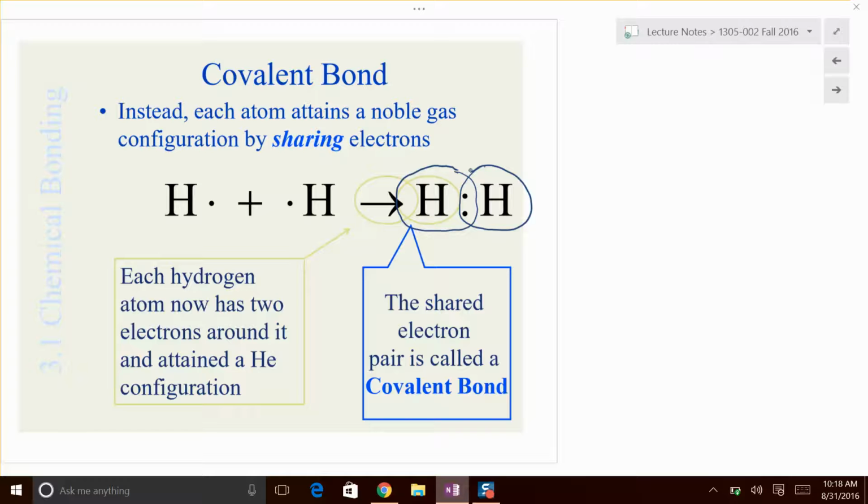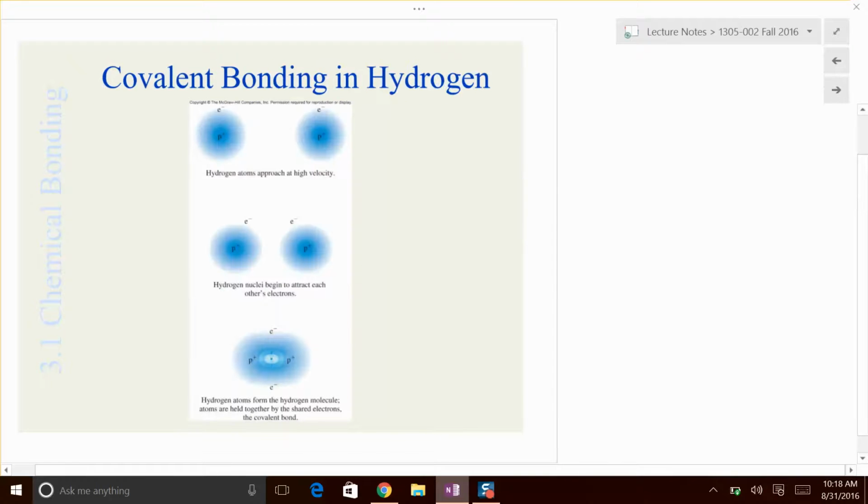They have satisfied their valence shell by coming together and bonding and sharing those electrons, because neither one of them was willing to give electrons away. So you can see that happening here. Here's the electrons around the nucleus of the hydrogen atom. As they come closer and closer, all of a sudden now you have those electrons orbiting both nuclei. So you have those 2 electrons, now they're orbiting the nuclei. Okay? So they are sharing their electrons.